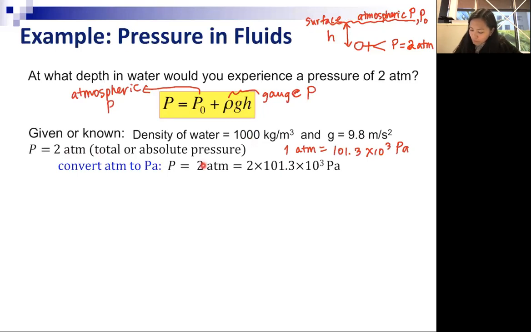So 2 atmospheres will be equal to 2 times 101.3 times 10 to the 3 pascals. That will give you a total pressure of 202.6 times 10 to the 3. So this should be an exponent. Please correct that in the slides. So that will be 202.6 times 10 to the exponent 3 pascals for the total pressure.